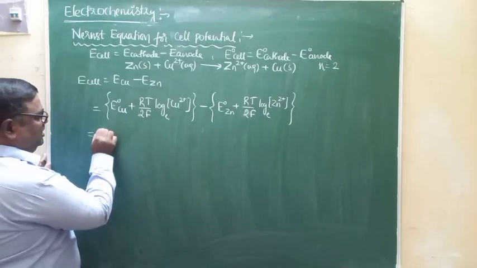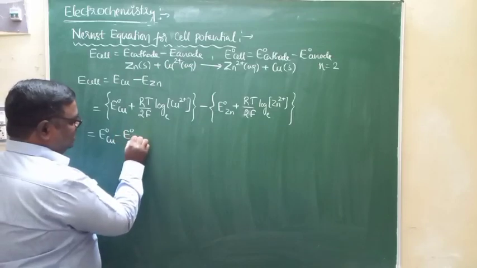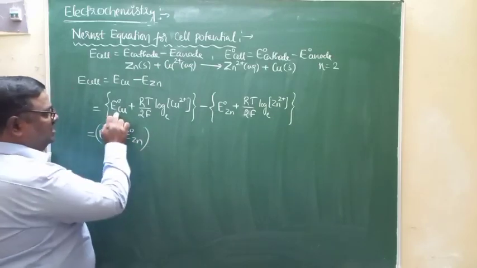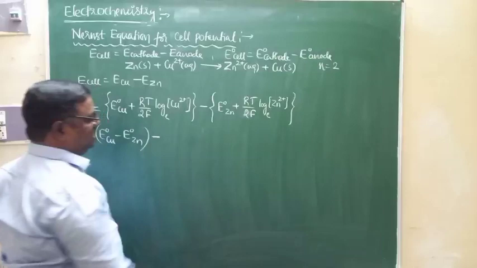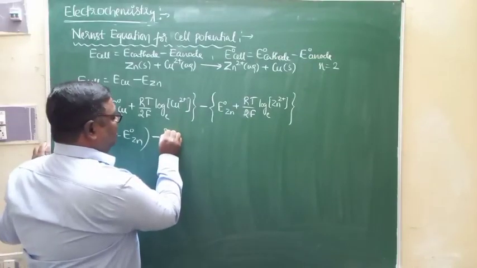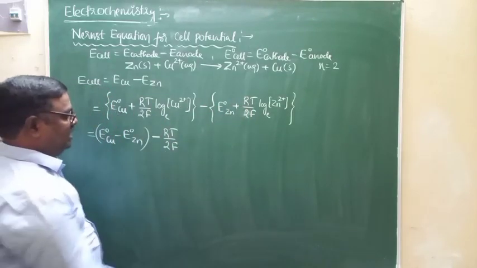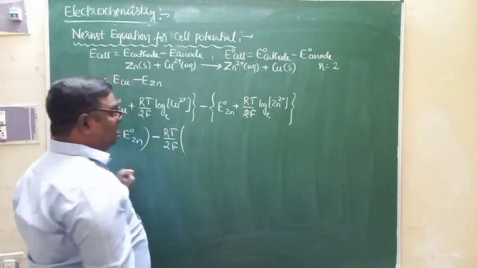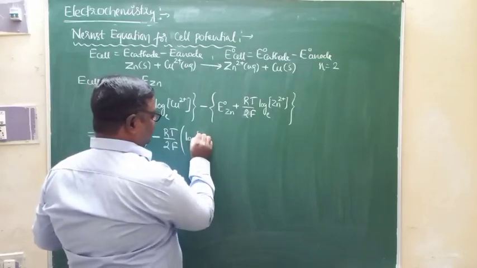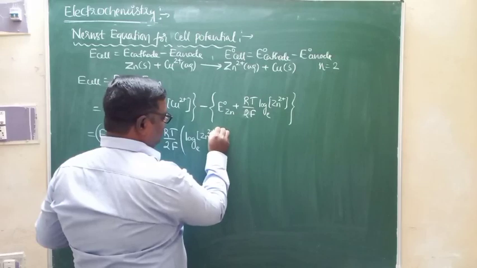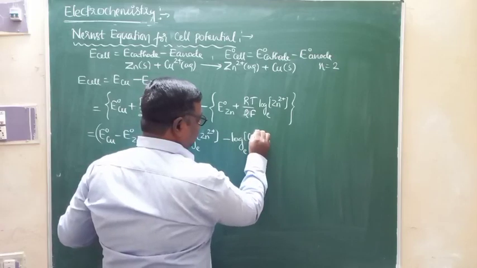This is equal to E naught of copper minus E naught of zinc, which is one part. Keeping the minus sign as it is, RT by 2F is common in both terms. Taking RT by 2F common, that is log to the base e of the concentration of Zn 2+ ions minus log to the base e of the concentration of copper ions.